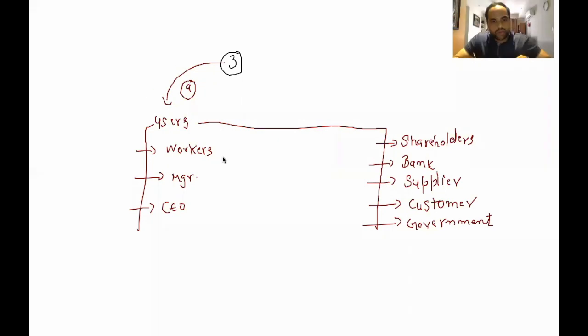So let's start with the worker. What information do they need and what kind of decisions are they going to make, all right? Of course, workers are the people involved in manufacturing the products. So they need information about what kind of products they have to produce, and how many products they have to produce in a day, right? So information about production.